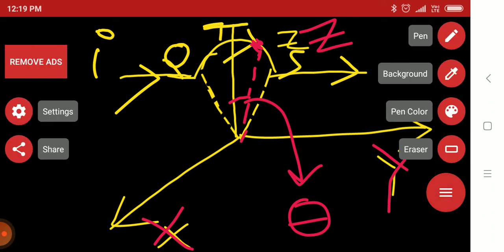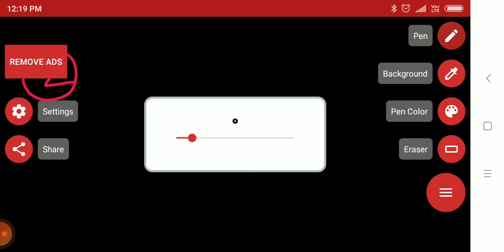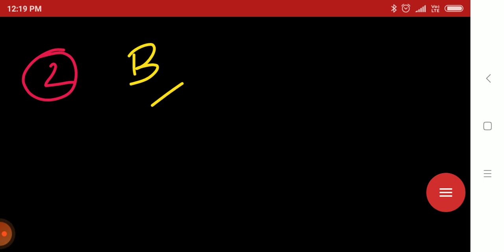So now what is the second step? The second step is the formula. What is the formula for force when you have been provided a magnetic field?